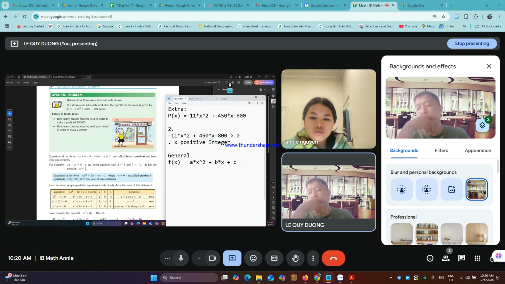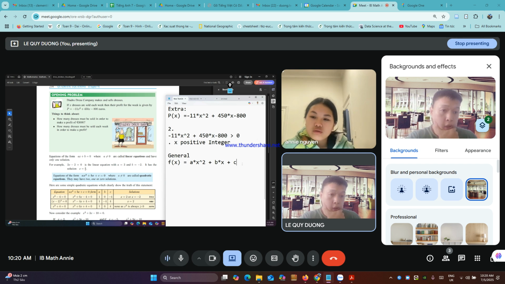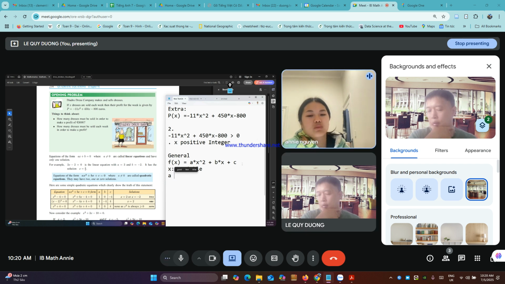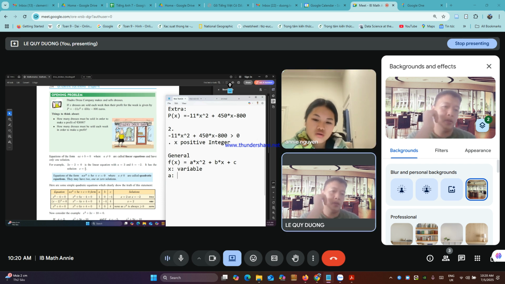It's called a quadratic equation if x is a variable, which varies. A must be what? It's not necessarily positive, but it's not equal to zero.